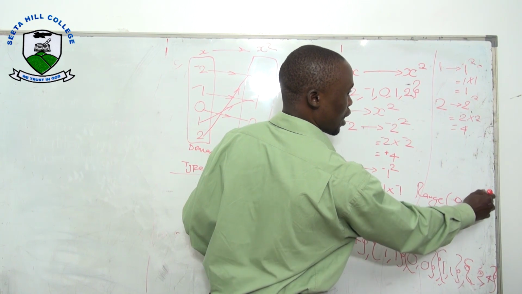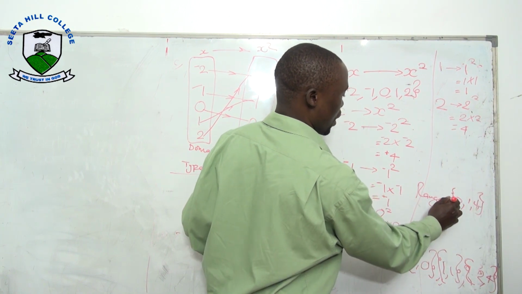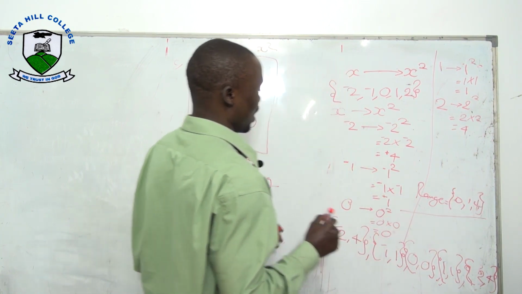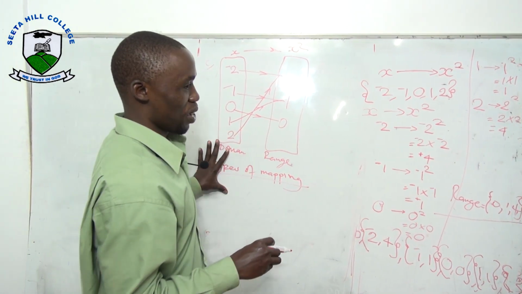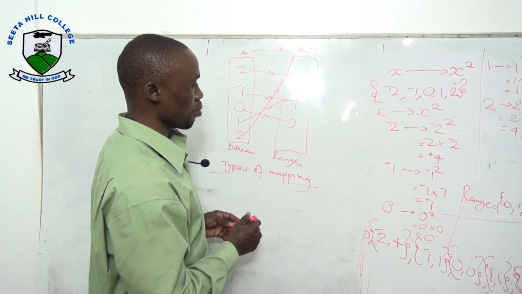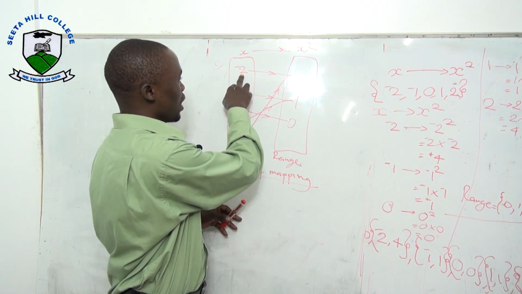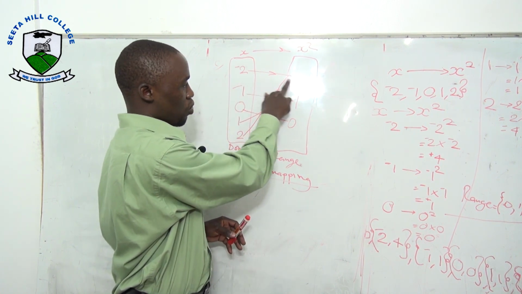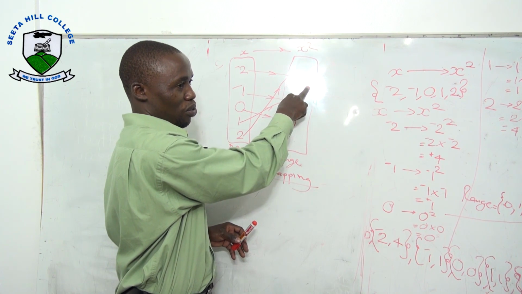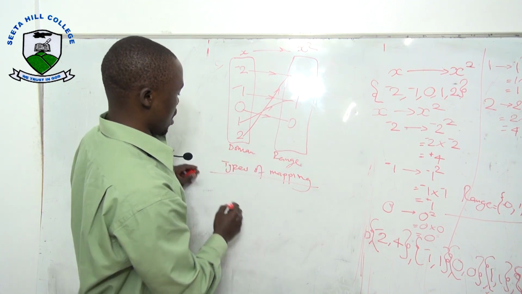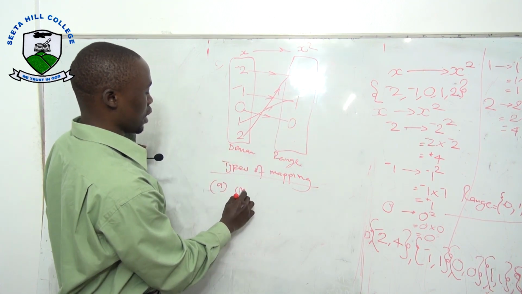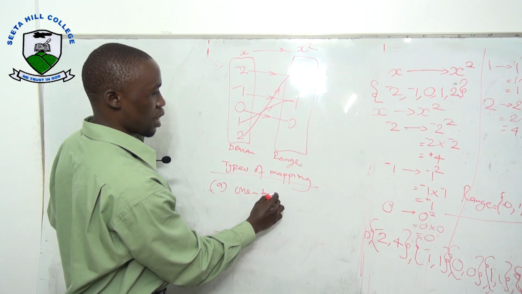You don't repeat the elements. Now look here, you see that -2 went to 4, 2 also went to 4. We are now discussing types of mappings.